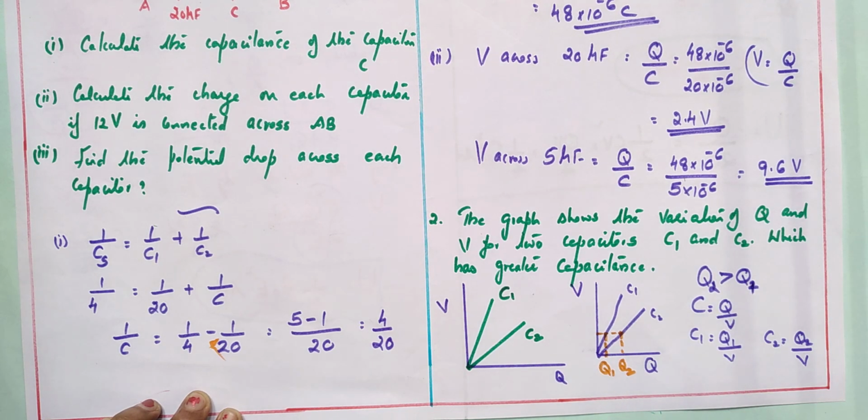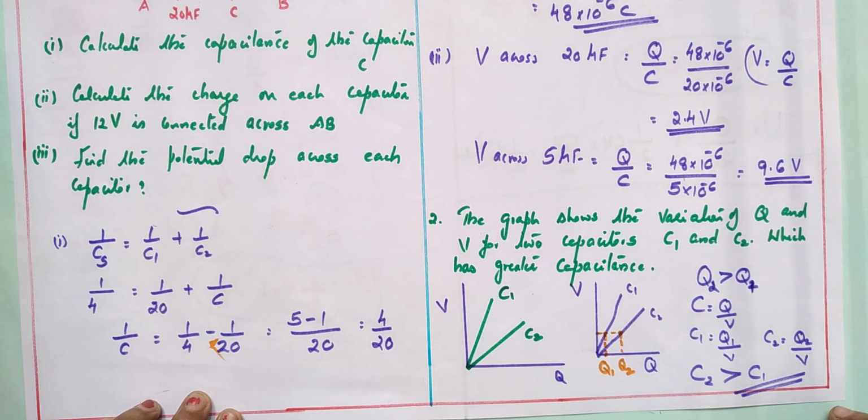Since Q2 is greater than Q1, C2 will be greater than C1. So that is the answer: capacitance C2 is greater than C1.